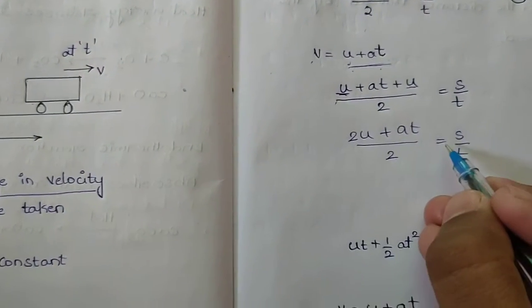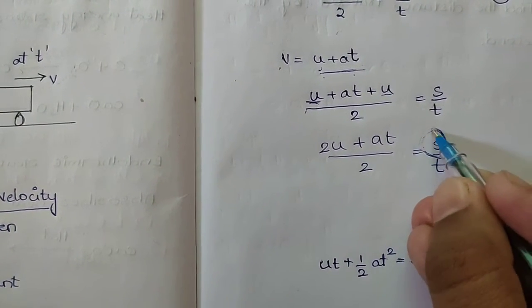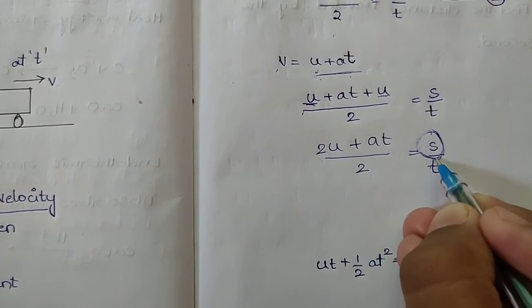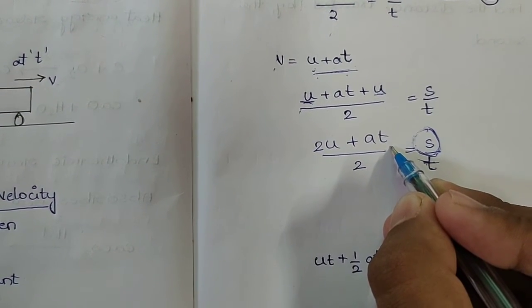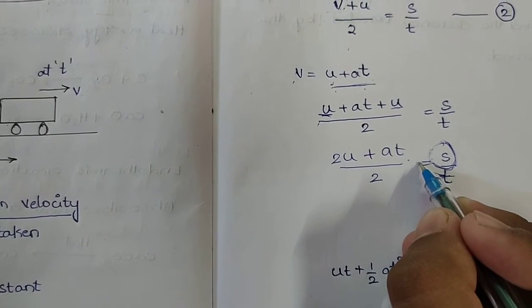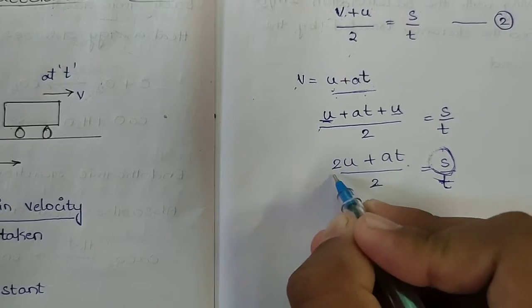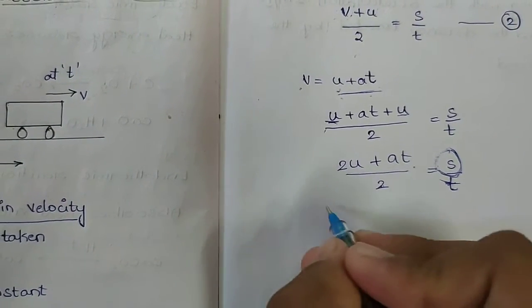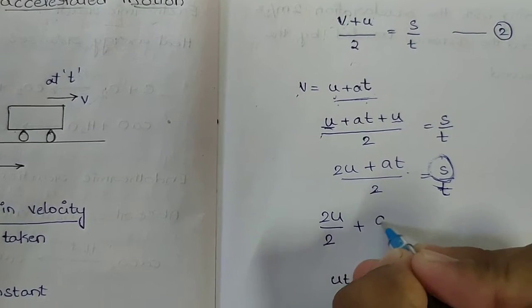Now if I want to calculate the displacement s, I have to shift this t to the left side. I'll also separate the denominators, like 2u by 2 plus at by 2.